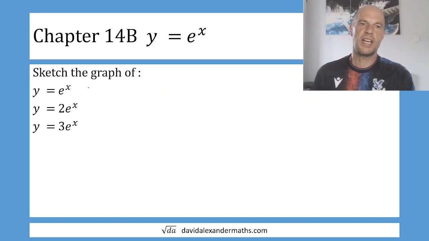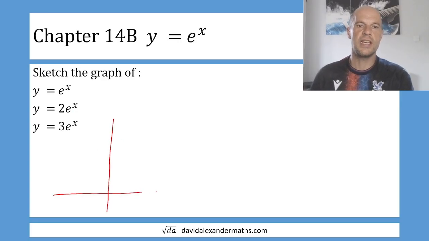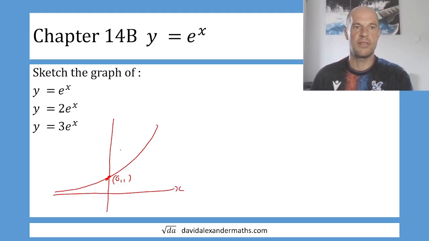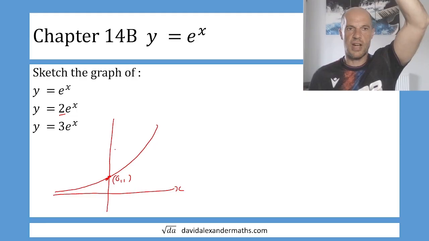Okay, so here I just want to illustrate the difference between e to the x, 2e to the x, 3e to the x, and just show you what's going on here. So y equals e to the x is our usual exponential that cuts through at 0, 1. The x-axis is the asymptote. Now, here all we're doing is a stretch with scale factor 2 parallel to the y-axis. So this whole graph is just being stretched vertically.